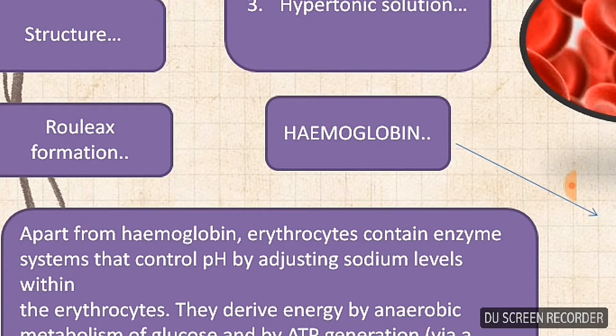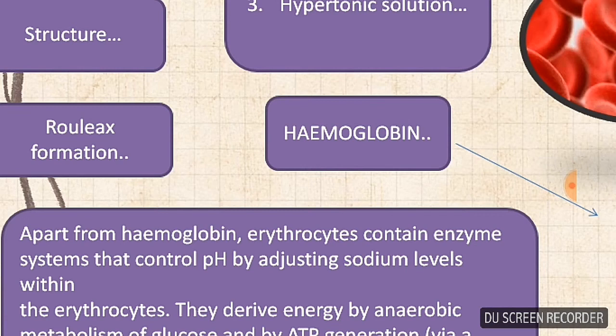Now the shape of the erythrocyte is maintained mainly due to four proteins, that is spectrin, ankyrin, actin, and other proteins. The shape of erythrocytes is mainly maintained by spectrin, ankyrin, actin, and other proteins.